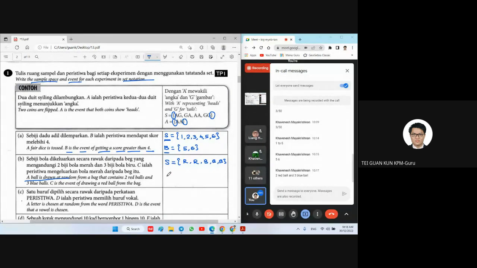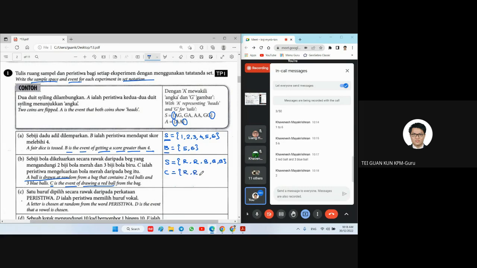Okay. Then C dia apa? C is the event of drawing a red ball. So C dia nak apa? Dia nak red ball sahaja. So awak tulislah red ball. Berapa red ball? Dua kan?